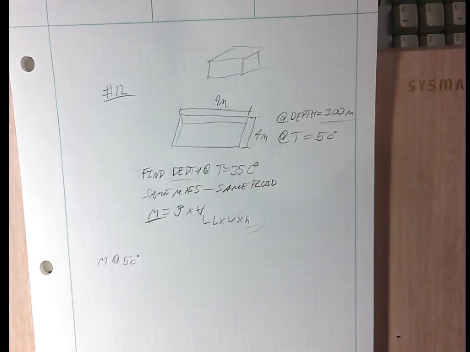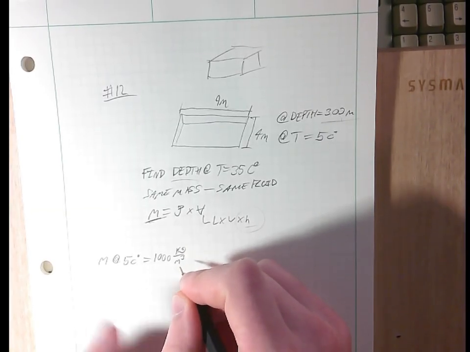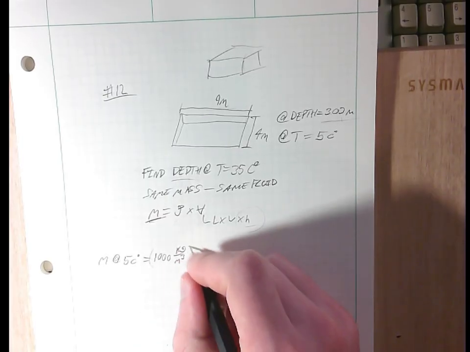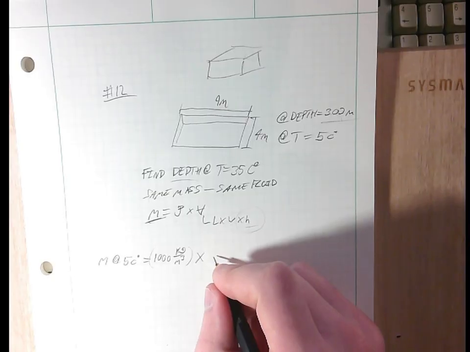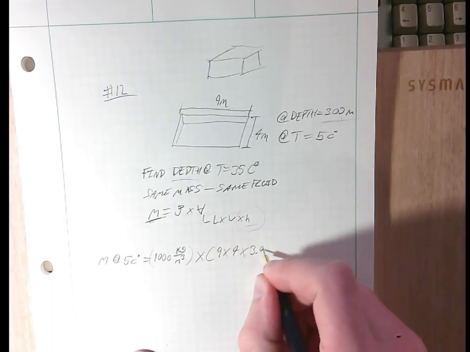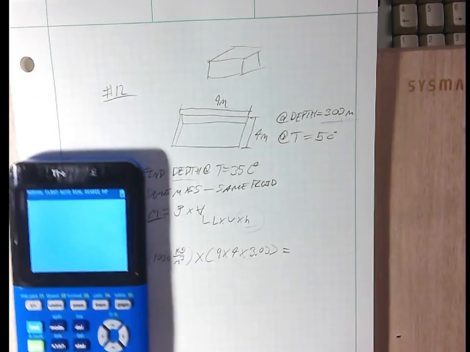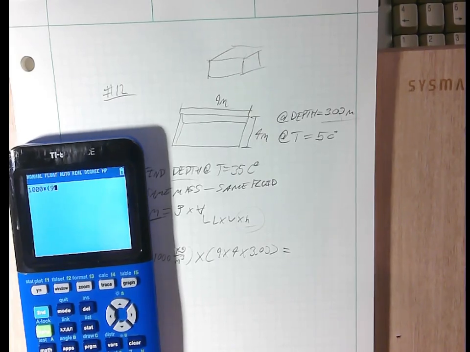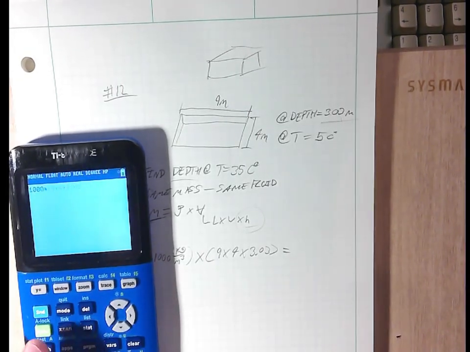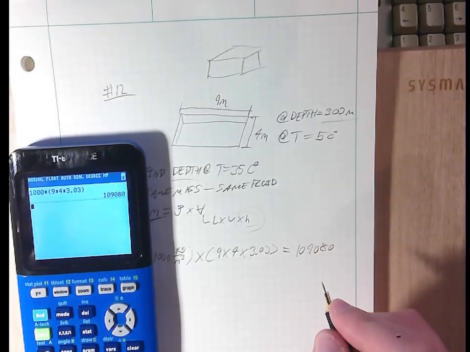In the appendix of the book, though, which I should actually just be looking at, it is the 1,000 kilograms per meter cubed times our volume, which is 9 times 4 times 3.03. And this is going to be 1,000 times 9 times 4 times 3.03, which is 109,080.